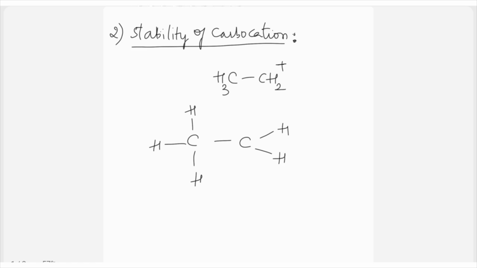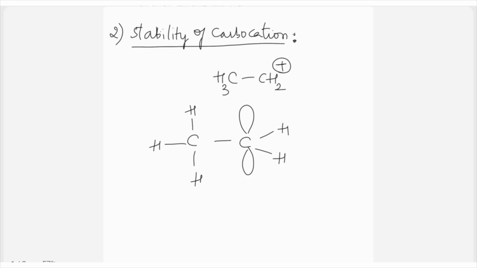Now the second application is the stability of carbocation. So carbocation stability can be explained by hyperconjugation. So what is a carbocation? Let us look at the ethyl carbocation, that is CH3 CH2 plus. Here, methyl has 3 hydrogens, and this carbon has 2 hydrogens, and here this positive charge indicates what?